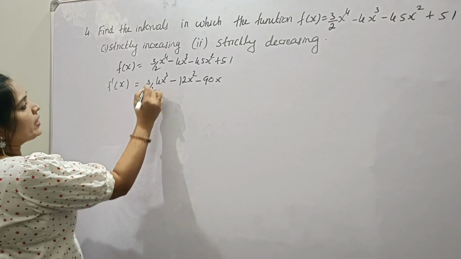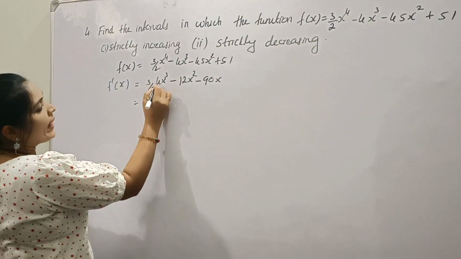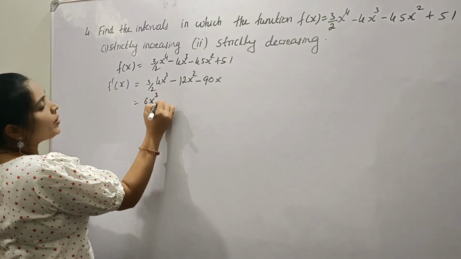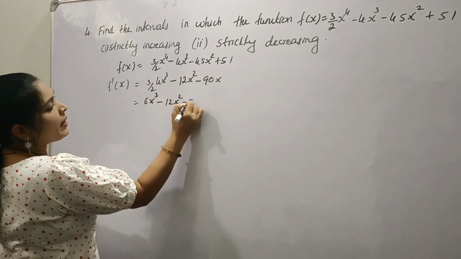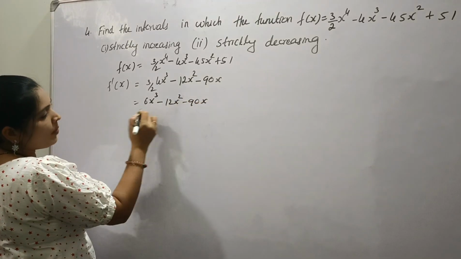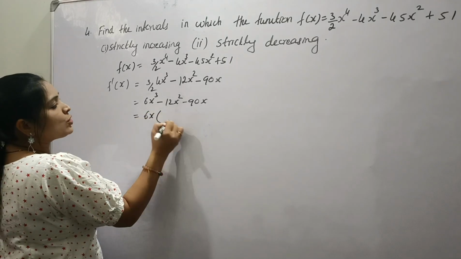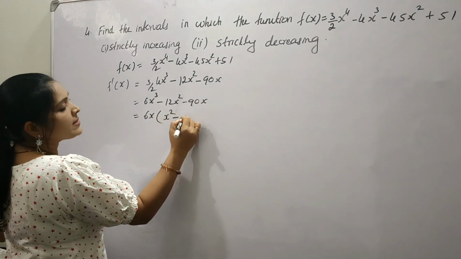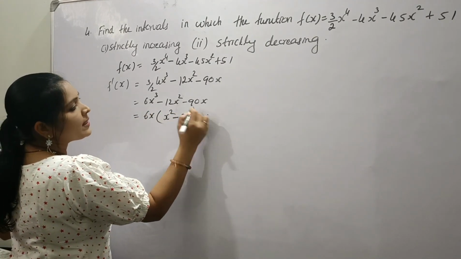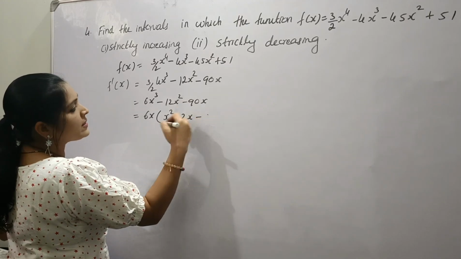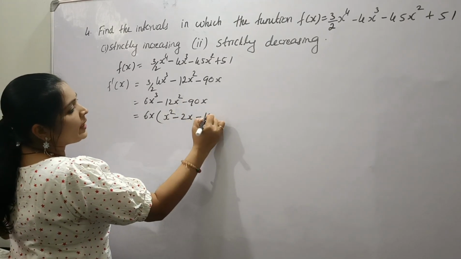So here it will be 3 into 2 cancelled, so 6x cube minus 12x square minus 90x. 6x is common, so let's take it out. 6x into x square minus 2x minus 15, dividing by 6 gives 15, right? Yes.